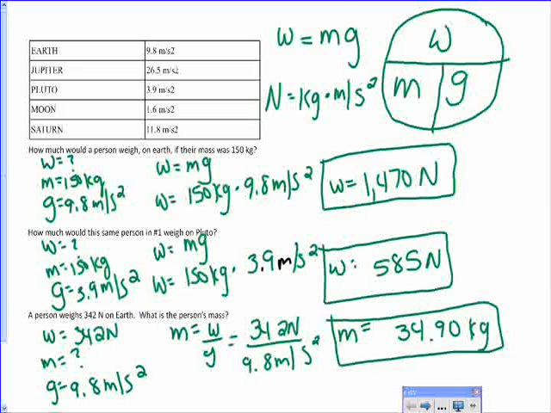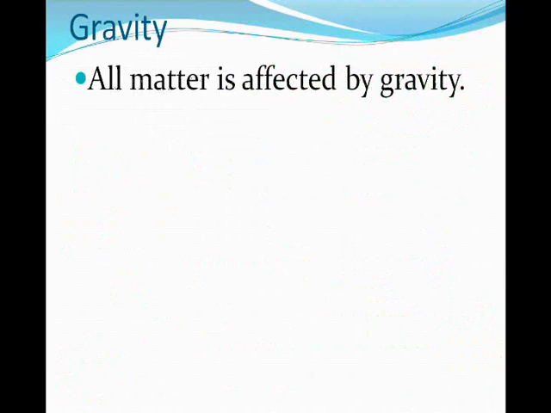All right. Now let's go ahead and look at gravity and also Newton's first and second law in our notes. All matter is affected by gravity, okay? It doesn't matter which planet you're on, because as you noticed, most of the planets that we've looked at have a gravitational pull.